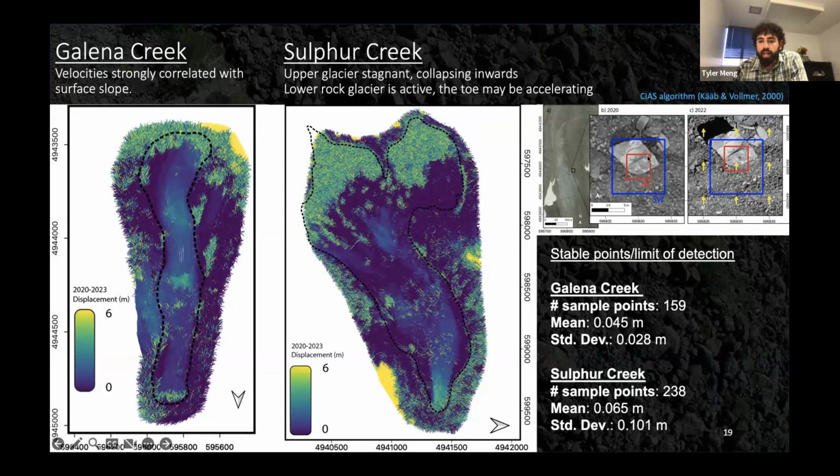And it will take the pixel block within this reference block, and then it'll search the second image within the search window. And all it does is take the normalized cross correlation of the pixel block throughout the search window. And wherever the maximized normalized cross correlation is, that is where it maps the displacement. So the displacement between the reference block in the first image and the second image is our displacement vector, which we then convert to velocity just based on the time interval between the images.